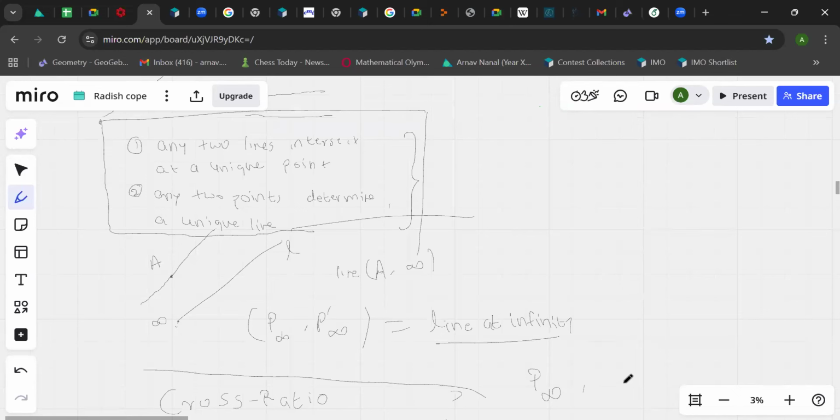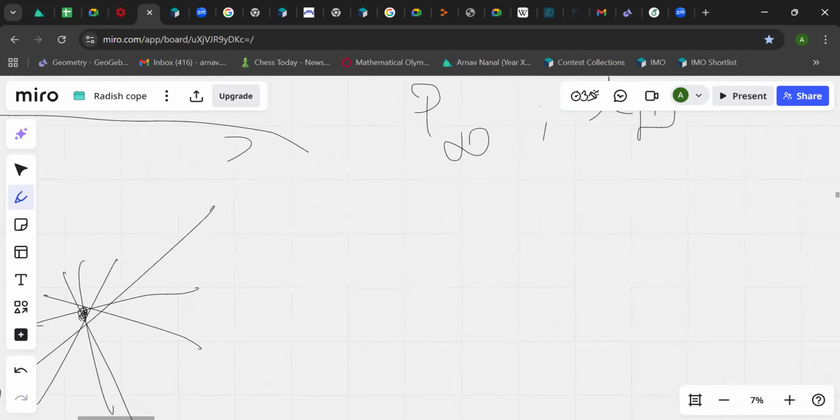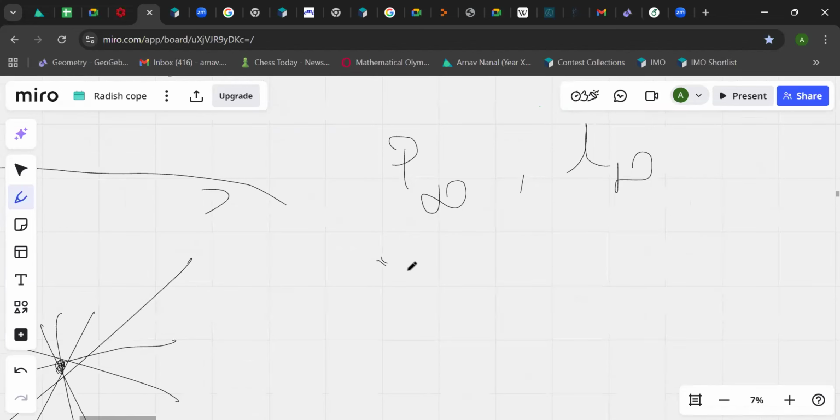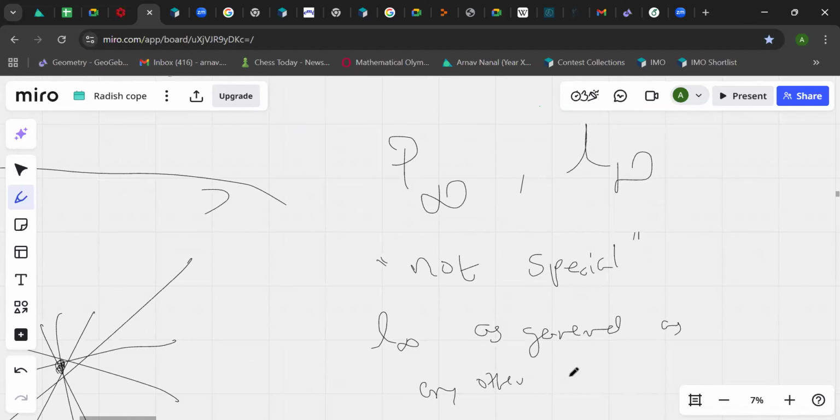L infinity is as general as any other line in the projective plane. Does everyone understand what I mean? Yes. Okay, that's cool.